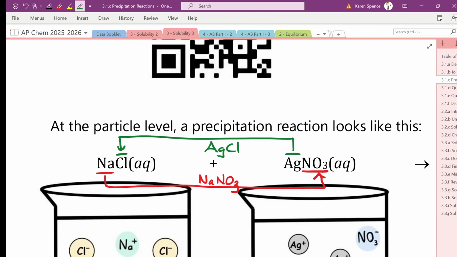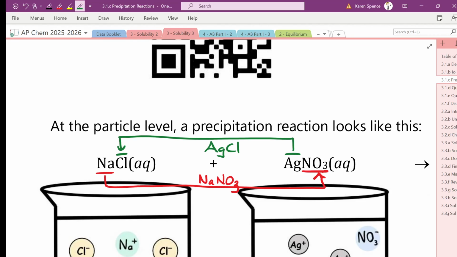At this point, you should be able to tell me which one of these is absolutely 100% for sure soluble. NaNO3. Why? Because of NO3, and Na is an alkali, and all alkalis are soluble. Beautiful. Okay, let's check on AgCl.